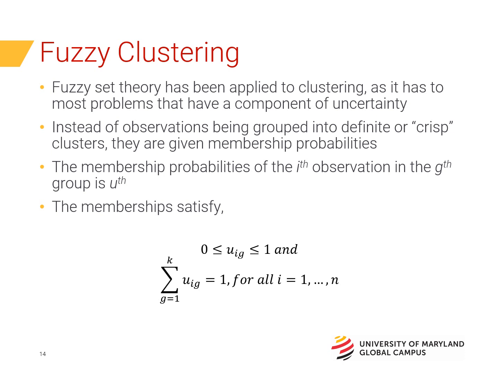In conclusion, fuzzy clustering represents a paradigm shift in our understanding of data structures, embracing the uncertainty and ambiguity present in real-world data sets. By assigning membership probabilities to observations, fuzzy clustering allows for a more nuanced and flexible representation of cluster associations.